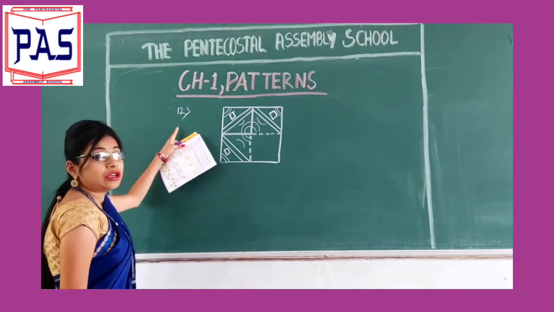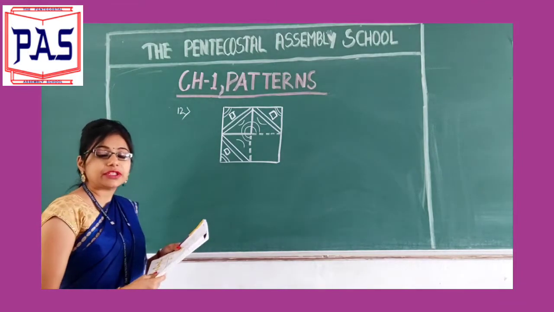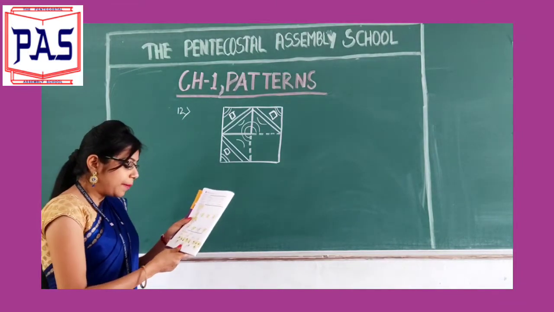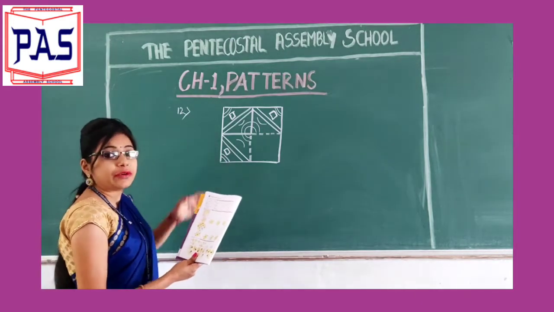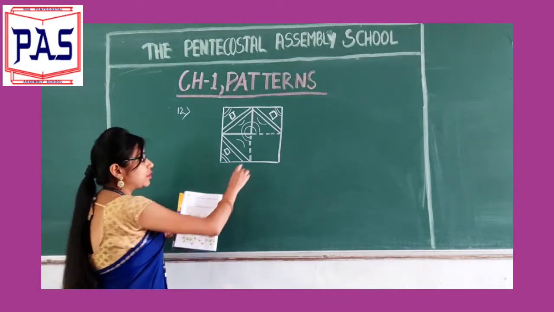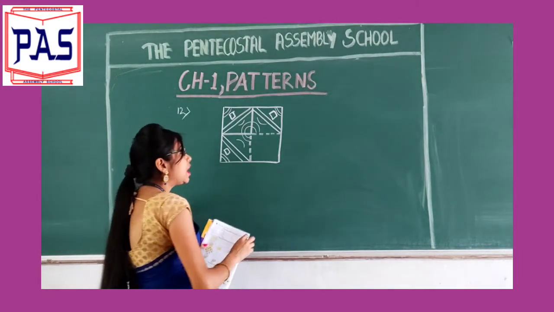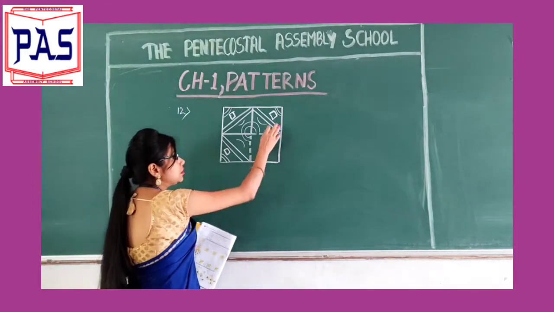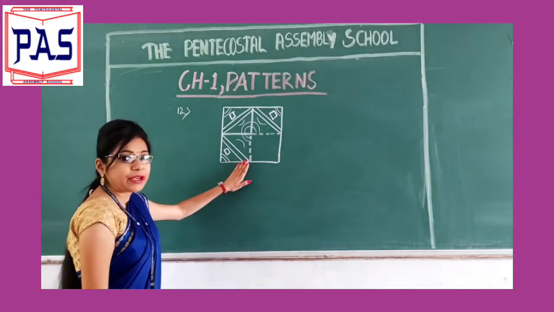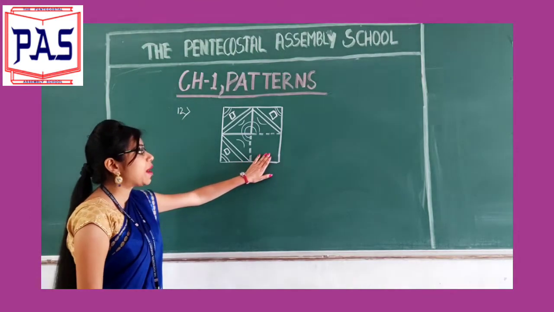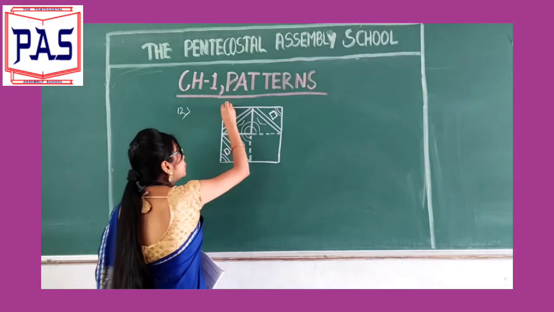Here you can see on the board I have drawn the similar picture which is given in your book, page number 8, in question number 12. We have to follow the pattern used in this picture to complete this part of the square.